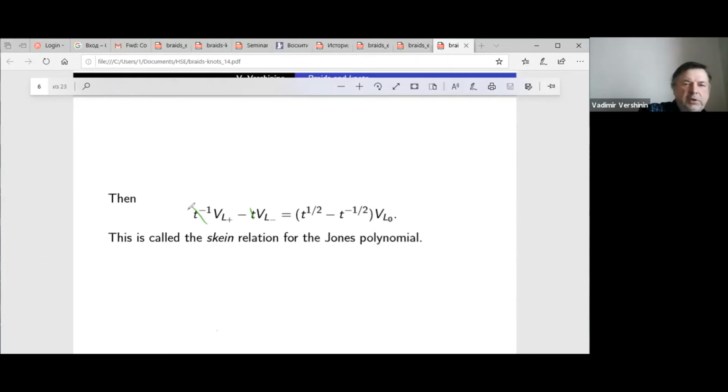But here we have these, and you see that when you are working with skein trees, these factors are essential. When you want, for example, to resolve the positive crossing, you should multiply by t, and here you have already t squared, so it is a little more complex.